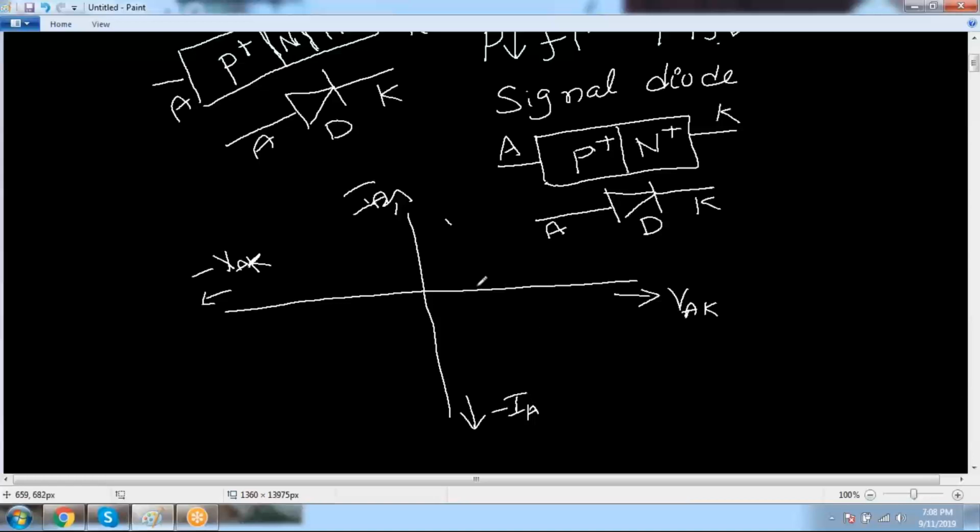Now you are already familiar with the signal diode. How many modes can the signal diode be operated in? Two modes. What are the modes? Forward biased, and one more is reverse biased. This is forward biased.